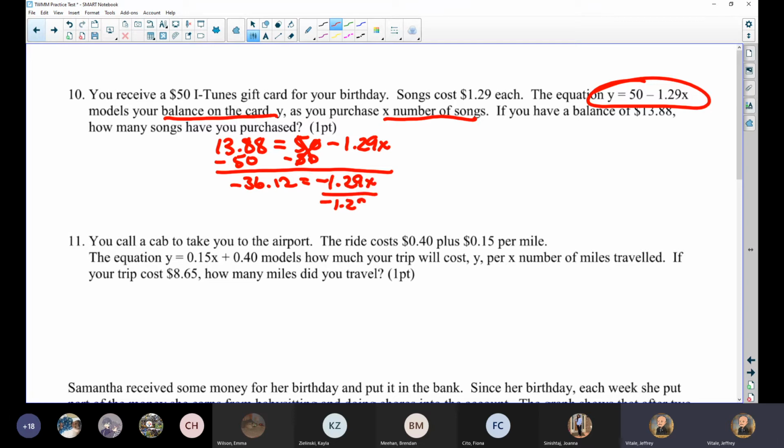And I got to divide both sides by negative 1.29.